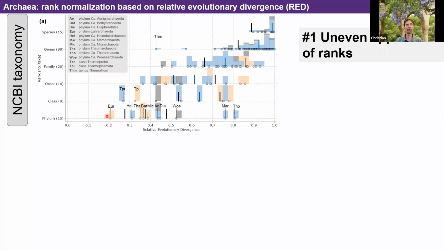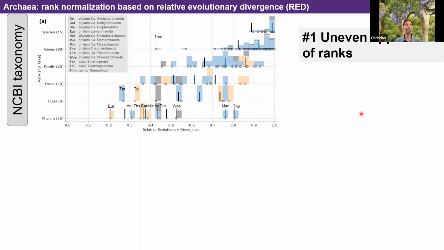That's been broken up into multiple lineages, something we saw already in the tree earlier. And on the other hand, here is Marsarchaeota, which has been proposed as a phylum. The RED value would not indicate that. So now we can see if we can find another internal node in the tree, or otherwise we have to assign this lineage to another taxonomic rank.